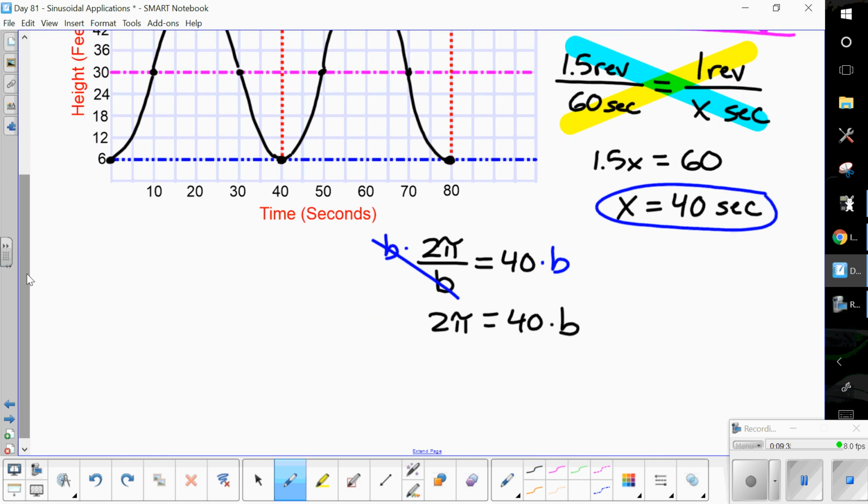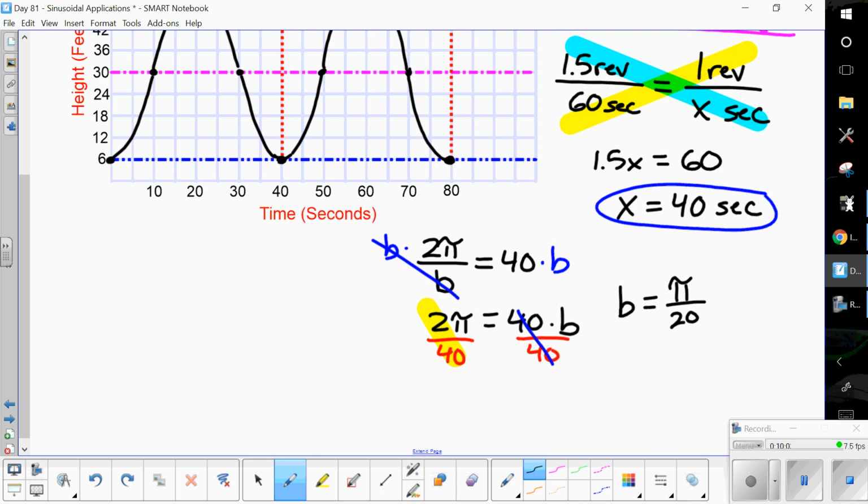And then the last step would be to divide by 40. And I can simplify this. 20 over 40 would reduce to 1/20. So b is equal to pi over 20.